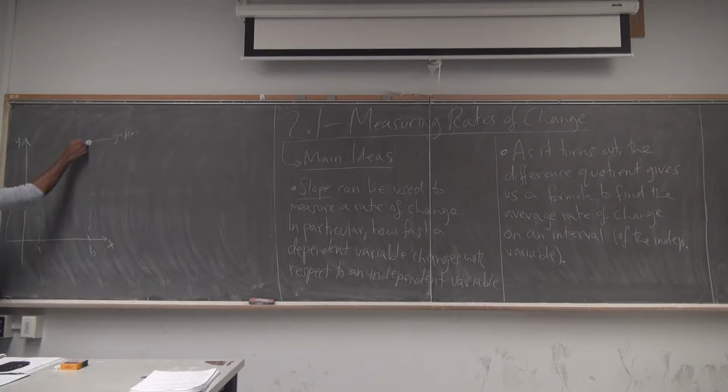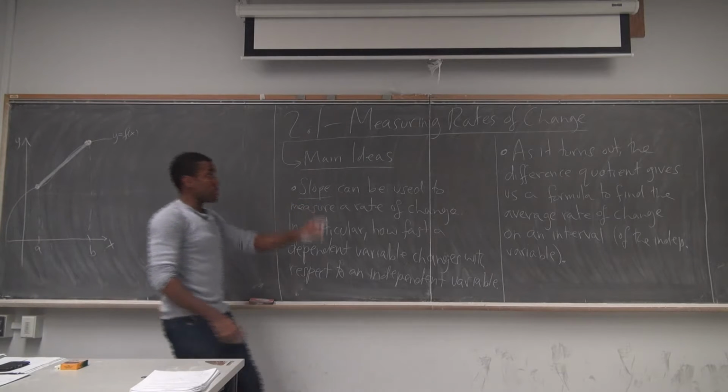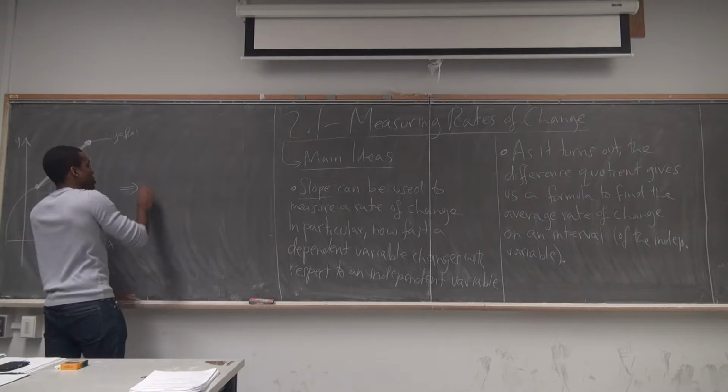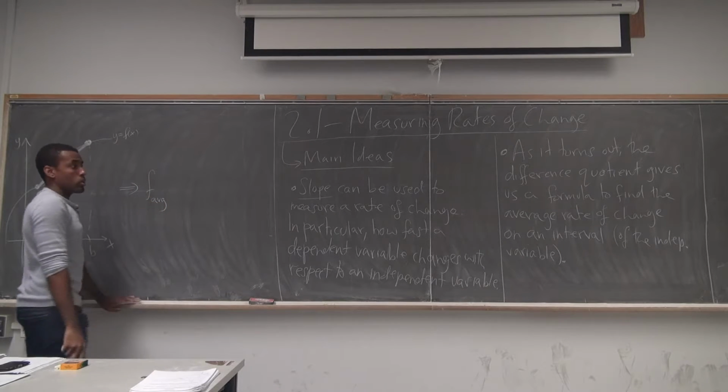And then the slope of that line is going to tell me the average rate of change. Overall, it will tell me how the rise changes with respect to this run, overall, on average, right? So that's sort of how we can measure an average rate of change. So this means that f average is how we call it.